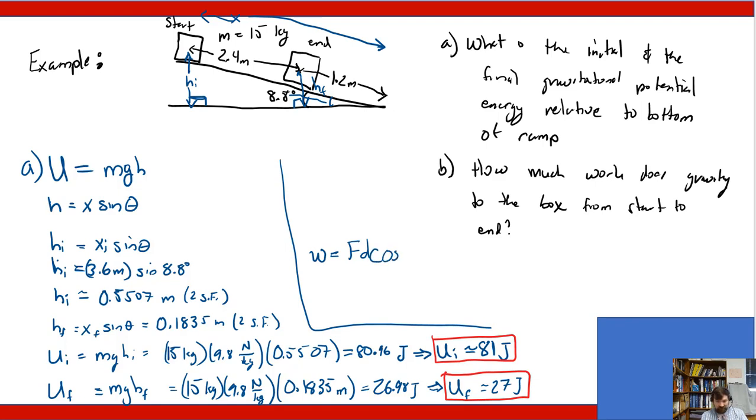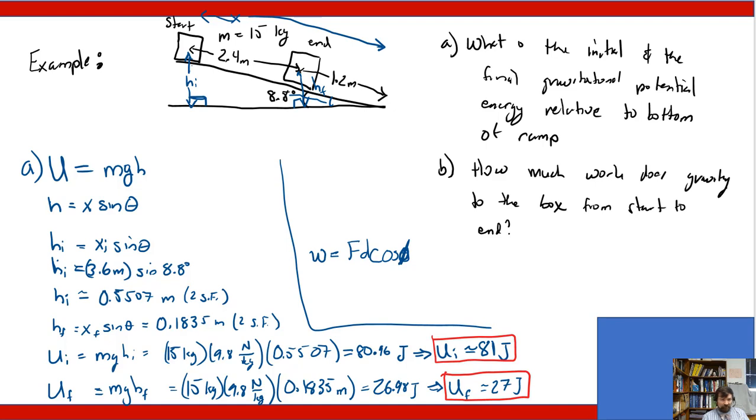Force times distance times cosine of the angle between the two. And I've already labeled theta in this problem as the angle of the ramp, so I'm going to have to use phi as the angle between force and displacement.